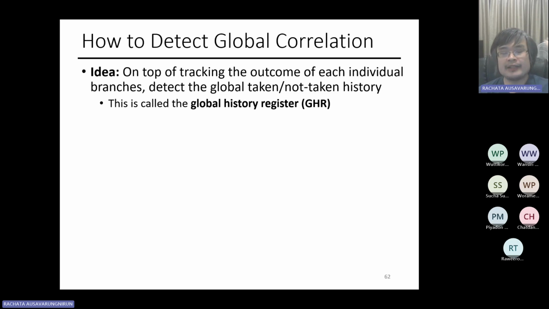The idea is I would add this structure called the global history register. The global history register keeps track of the history of the n previous branches.